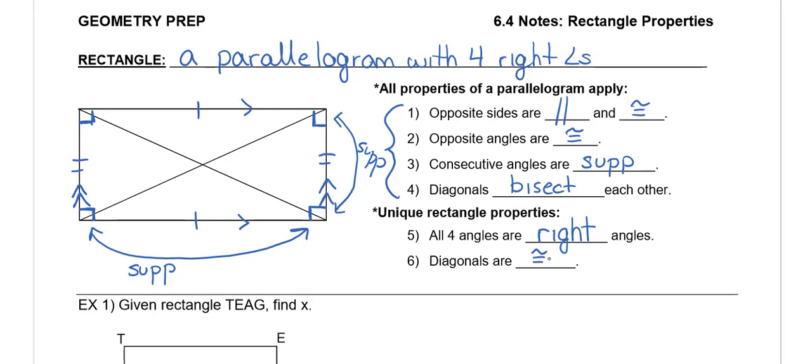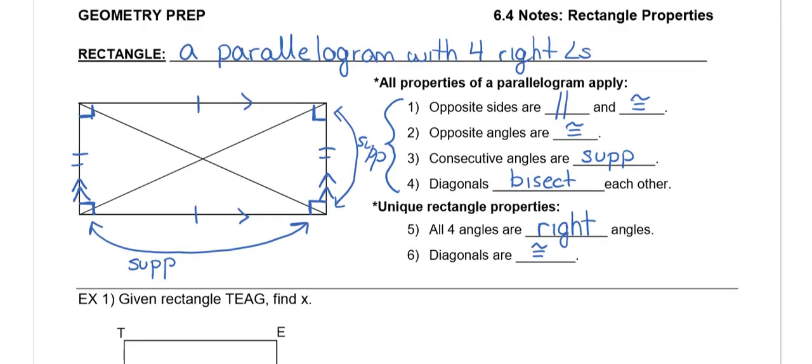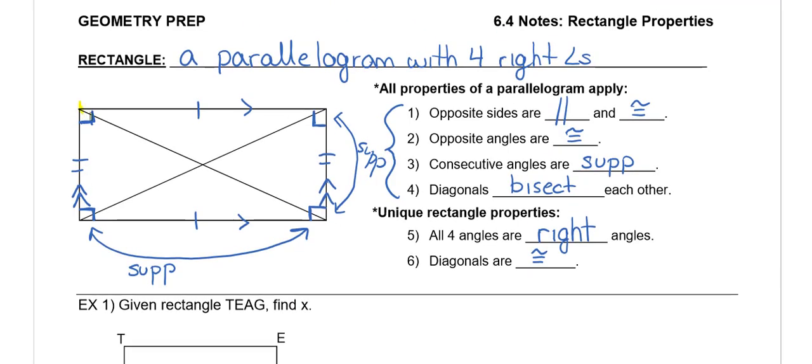Because my parallelogram kind of straightened up, this entire diagonal is going to be congruent to this entire diagonal here, whereas in our parallelogram they were not congruent. But we can easily see and assume that those 2 look to be the exact same length. So diagonals are congruent and diagonals bisect each other.